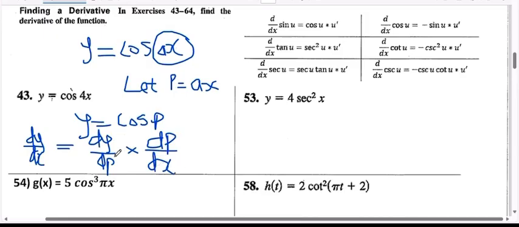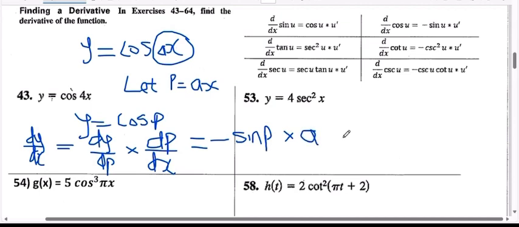So what is dy/dp? Differentiating this, dy/dp is going to be negative sin p. Then multiplied by what is dp/dx? Don't forget, a is a constant, so dp/dx is actually going to be a.